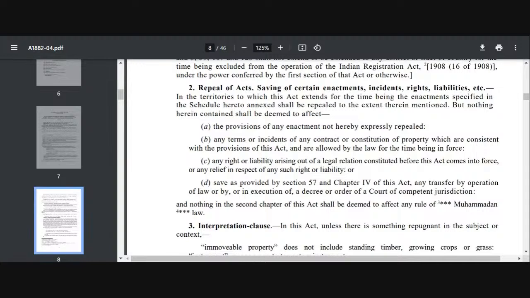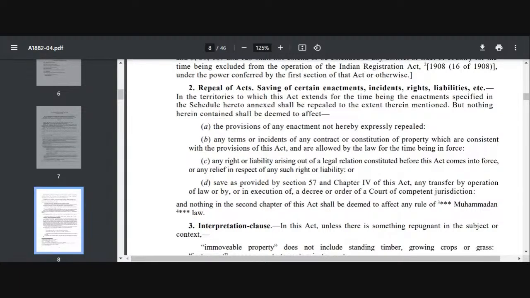After this act, there was no need of the old law. Accordingly, Section 2 provides for repeal of old law and statute which deals with transfer of property in India. While repealing the earlier statute, it is also saving certain pre-existing enactments and also some rights and incidents of property.